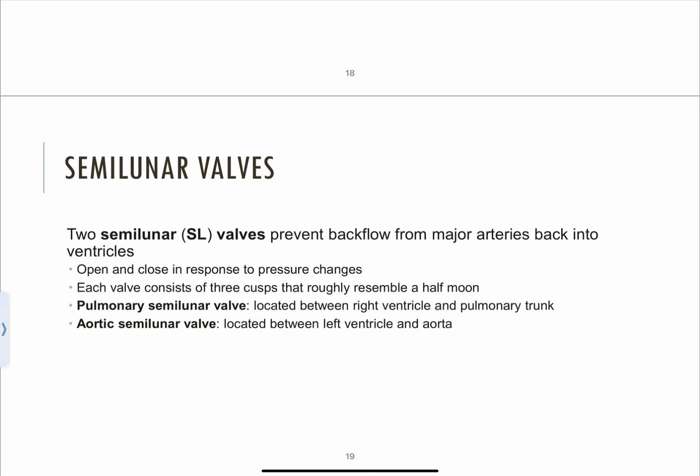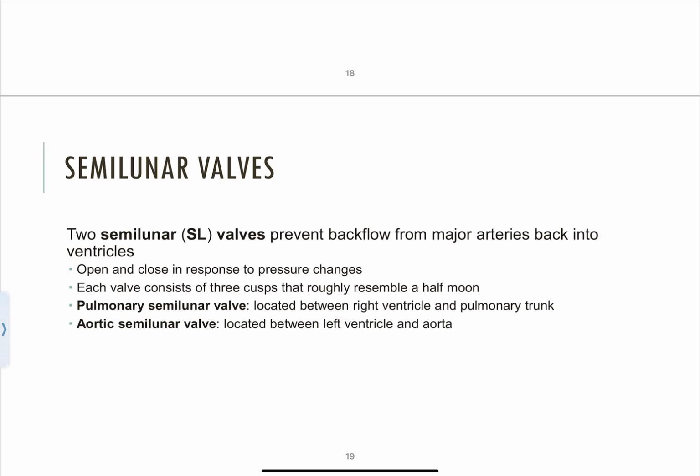Okay, our semilunar valves. Again, these are the ones that help prevent backflow from the major arteries back into the ventricles when the ventricles relax. We have 2 semilunar valves, and these also open and close in response to differences in pressure.